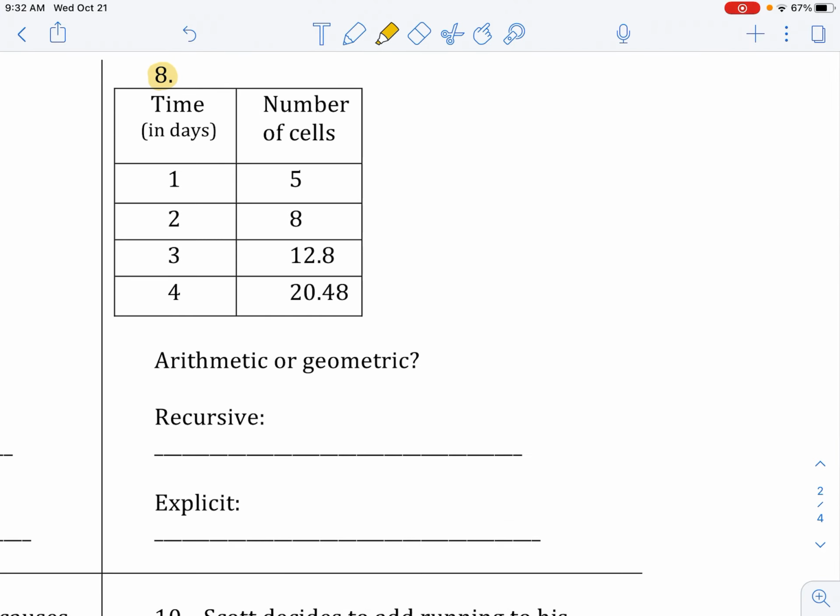So in this problem, it goes 5, 8, 12.8, 20.48. One of the things that can be difficult, we know it's not arithmetic because we're not going to go from a whole number to a decimal. But if you work backwards and do 20.48 divided by 12.8, you're going to get 1.6.